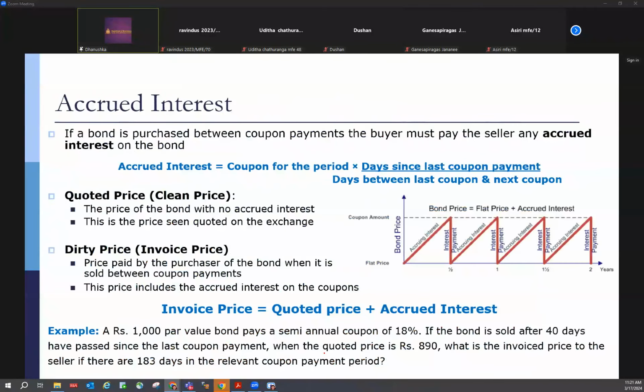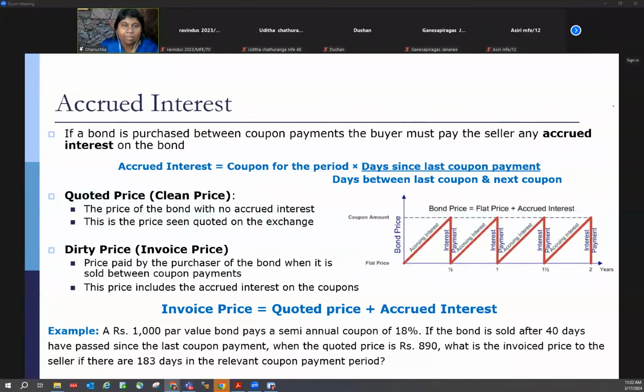So we come to this concept of accrued interest. Now what we're trying to do here, when we're looking at accrued interest, is figure out what happens in between when we sell bonds.